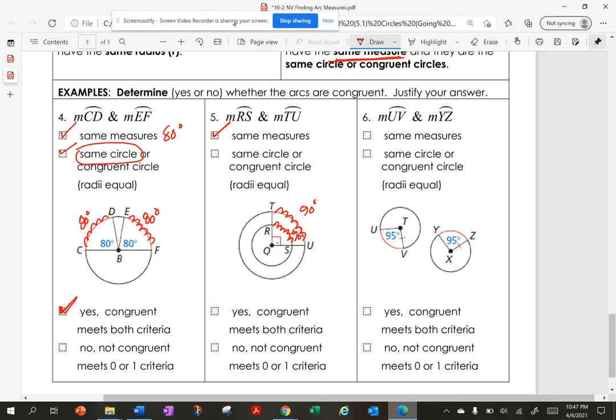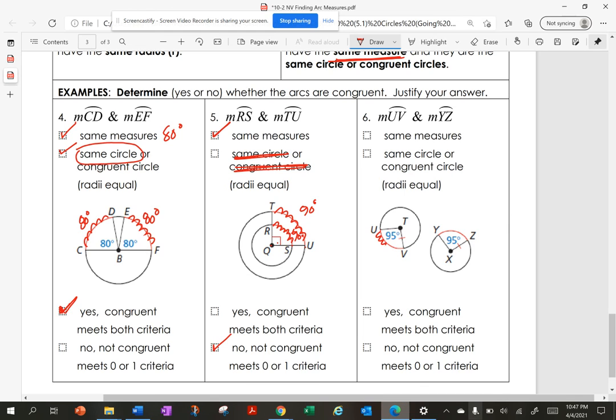Are they in the same circle? No. Are they congruent, are the radii equal? This is a radius of this length and this is a radius of this length. So no, the answer is no. I do not meet both criteria. Okay, let's try number 6.